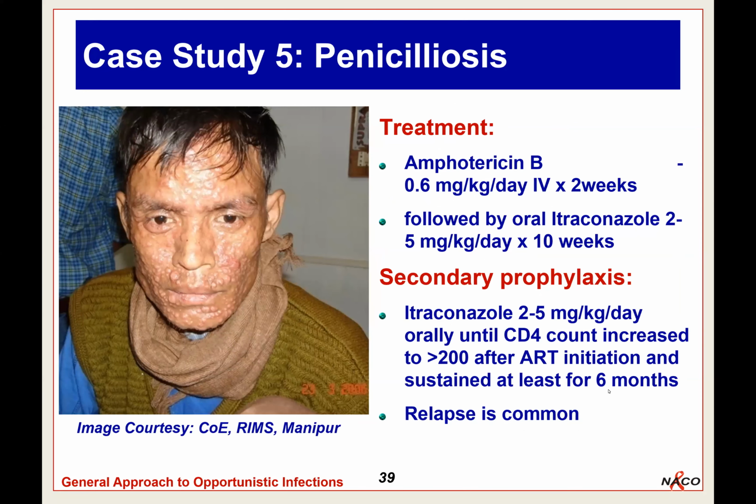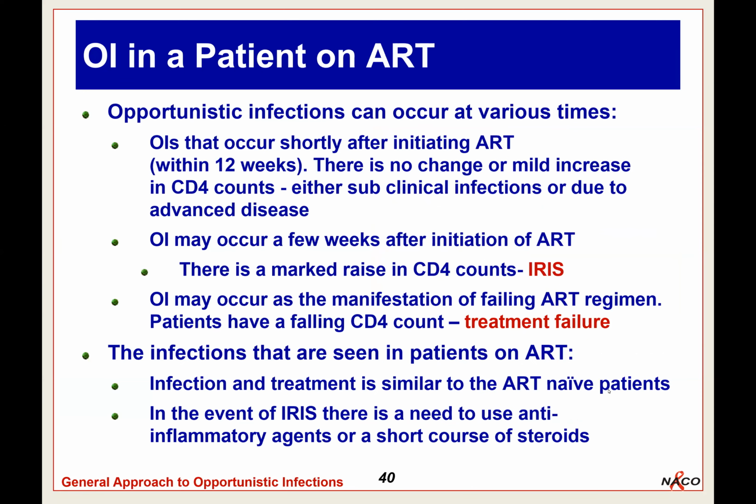So OIs are relevant with ART because the temporal relationship with ART initiation is really important. If you are getting any OI, sometimes it can be unmasking of OIs after initiation of ART because of the earlier compromised immune system, which is reinvigorated after initiation of ART.